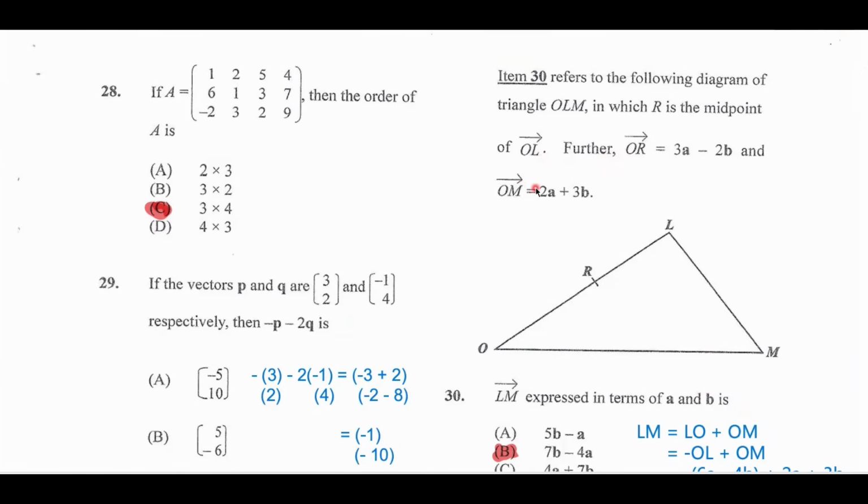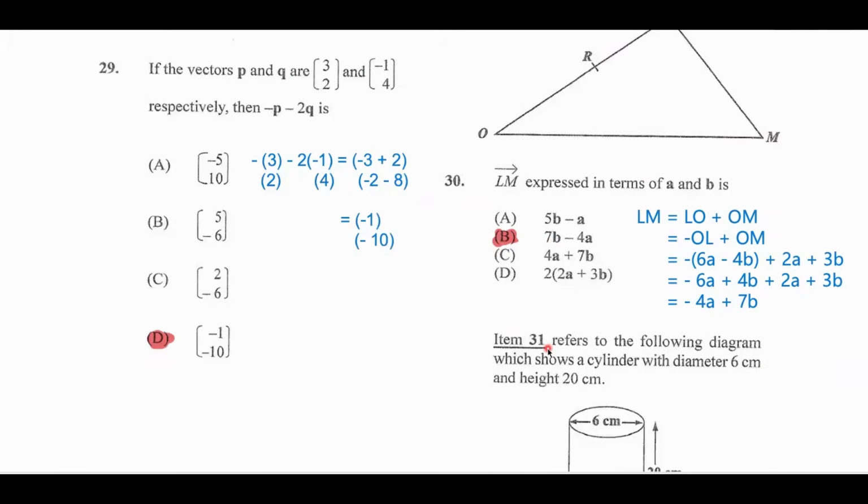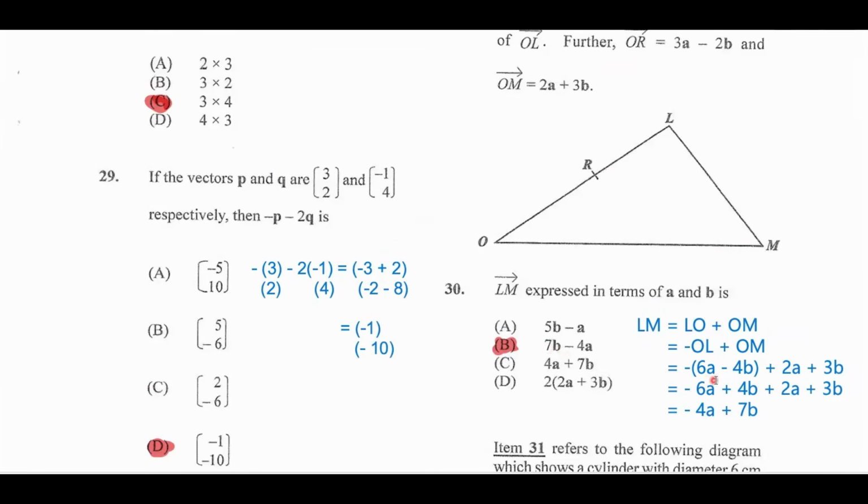And you can see where OL, we have 6A minus 4B. And OM is what? 2A add 3B. Now, in case you're wondering, how did I get 6A minus 4B?